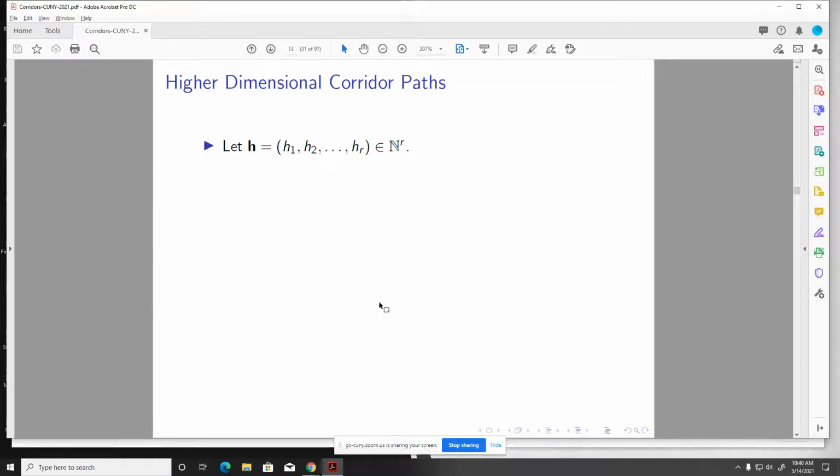So we want to think about a corridor now as an r-dimensional box. And so think about all the lattice points that are contained in some finite bounded box. Okay, so the H is going to represent the multi-dimensions of that box, right? Height, length, width, etc. And so the corridor C_H, the fundamental corridor for this situation, is all of those lattice points.